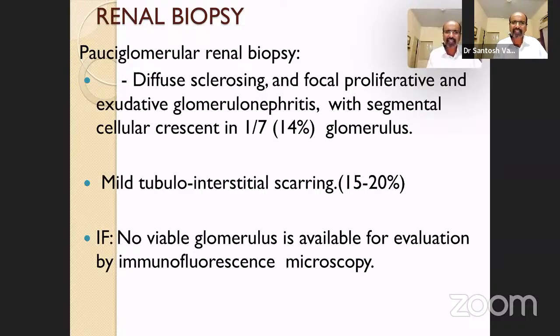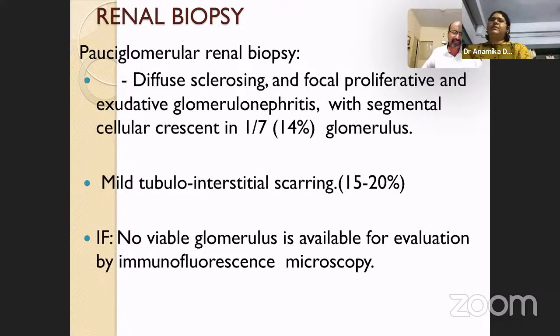IgA dominant IRGN on biopsy? A regular IgA nephropathy versus an IgA dominant IRGN on biopsy. Sir, this is definitely a diagnostic dilemma, but still the presence of a diffuse proliferative glomerulonephritis is more in favor of IRGN as compared to IgA nephropathy, which may have just mesangial or endocapillary hypercellularity.